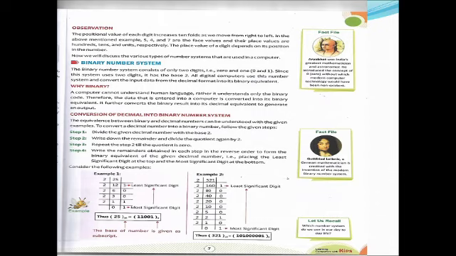Then 3 divided by 2 is 1, remainder 1, write down 1, and 1 divided by 2 is 0, remainder 1. Writing the remainders from bottom to top, we get 1 1 0 0 1.